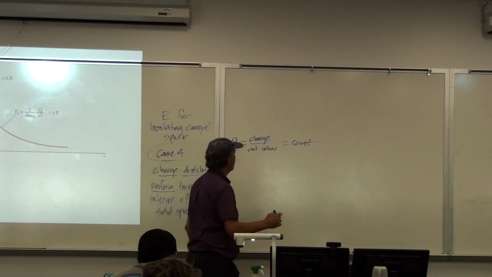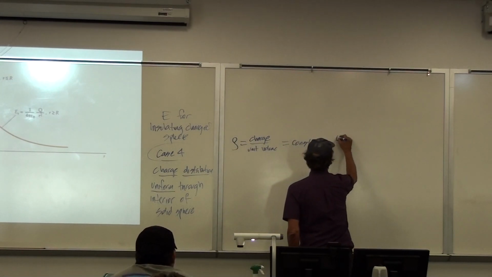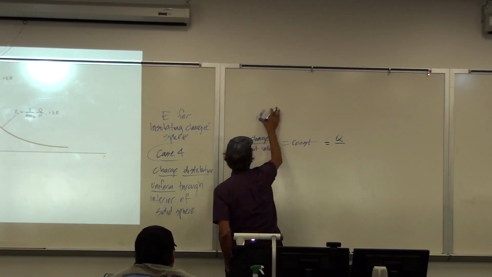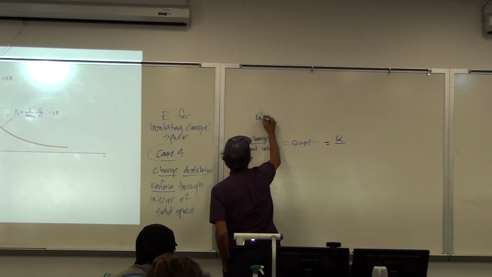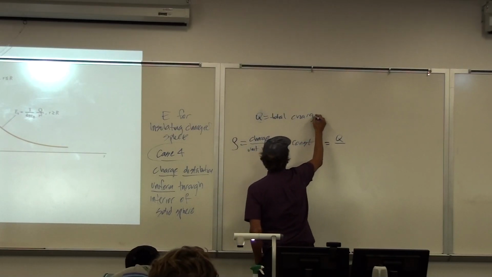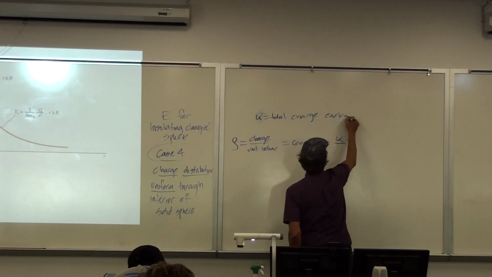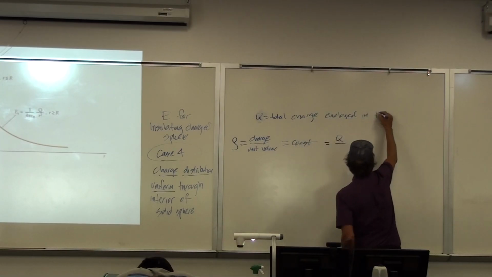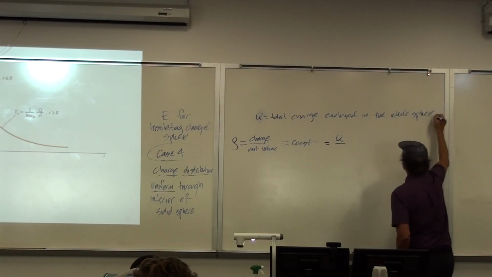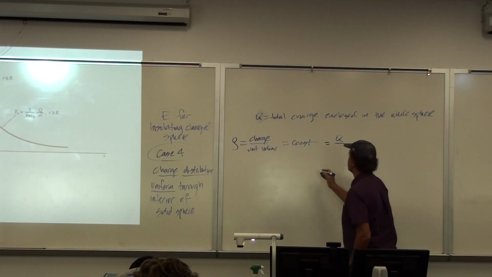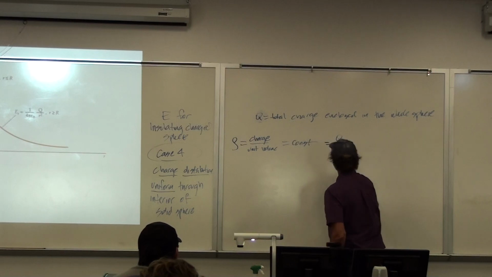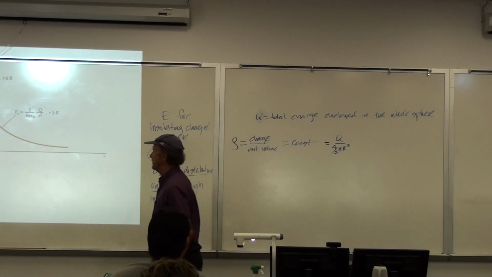So charge per unit volume then for this problem would be the total charge enclosed, and we can make it positive or negative here. But the charge density then would be that divided by 4/3 pi R cubed, where R is the radius of that sphere.